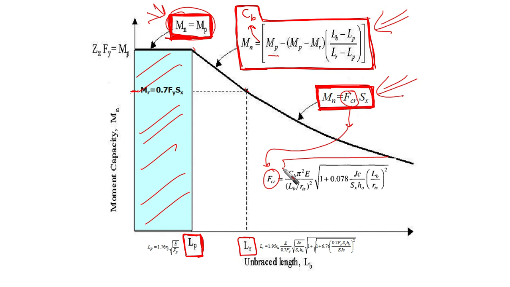It is very similar to the FCR. Do you remember the critical buckling of compression members that we have discussed before? It is not the same here, but again, it is similar to it. We have these parameters that we explained a minute ago.